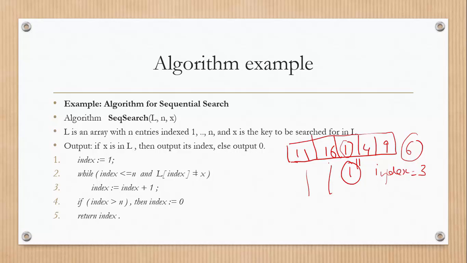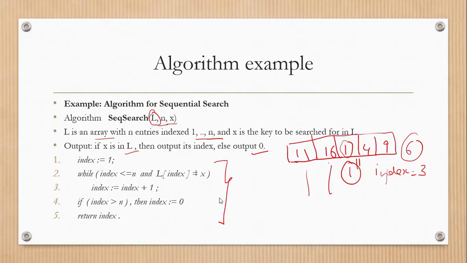So this is the algorithm which searches for item X in an array of size n. Here indexing is from 1 to n and L is the array. It outputs the index of the element if the element is present in the array. Otherwise, if the element is not present, it outputs 0.